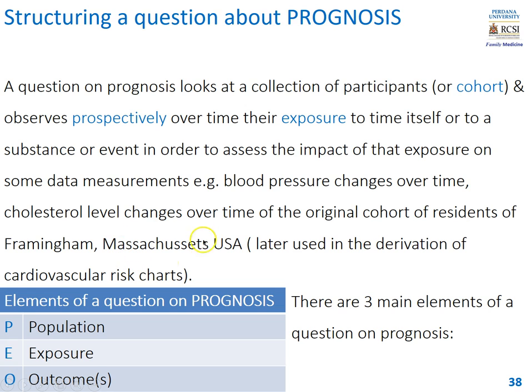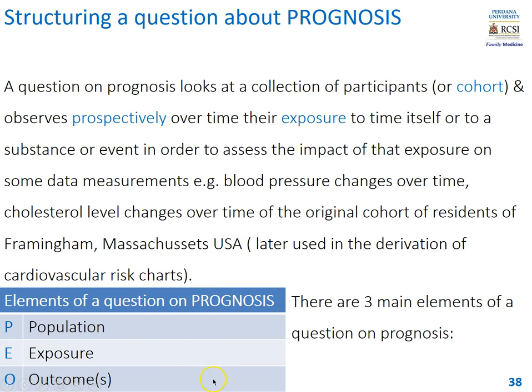So for example, when the population of Framingham, a town in Massachusetts, was followed up looking at weight, blood pressure, and various other things such as cholesterol levels, ECG, etc., they were able to predict which of these patients would develop coronary heart disease, heart failure, etc. And subsequently, this knowledge was translated into the derivation of various cardiovascular risk charts, like the score chart, etc.